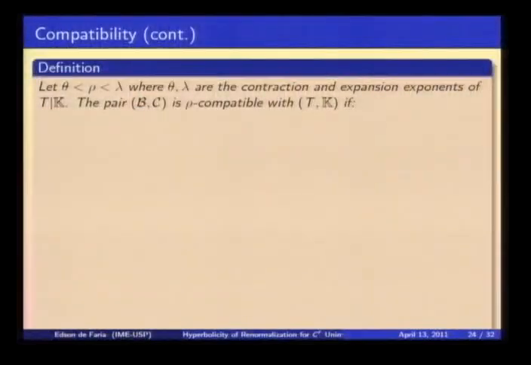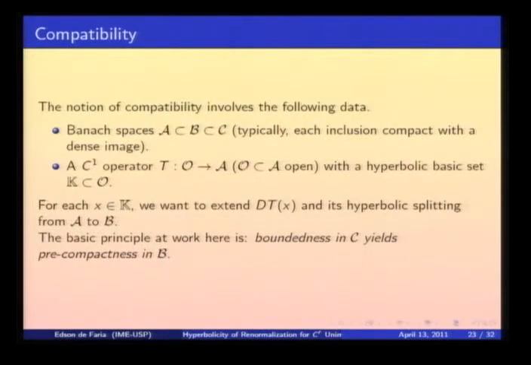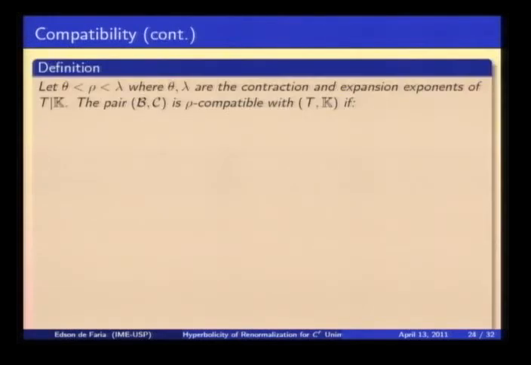Now, if you want to be technical, here's the definition of compatibility. I hope not to bore you to death with this definition, but I say that a pair of spaces B, C is rho compatible with the operator T with respect to this hyperbolic basic set, where rho is some constant between the contraction constant for the hyperbolic basic set and the minimum amount of expansion that you see there.